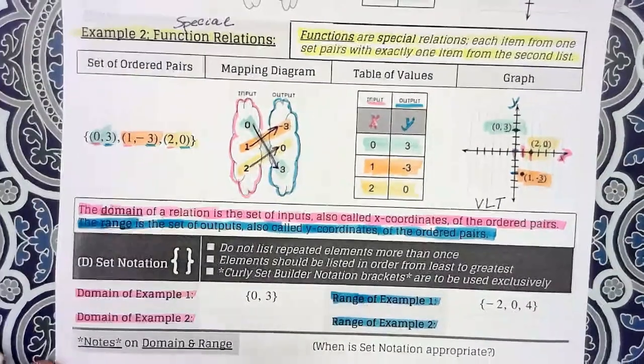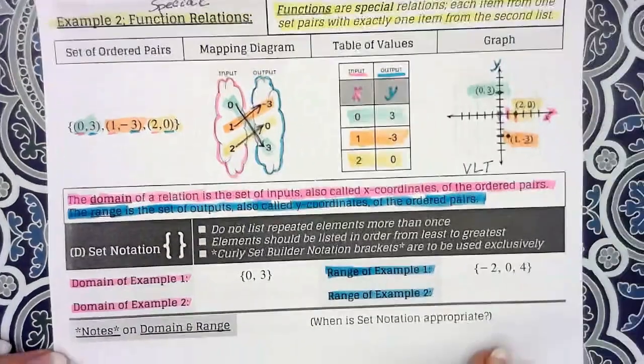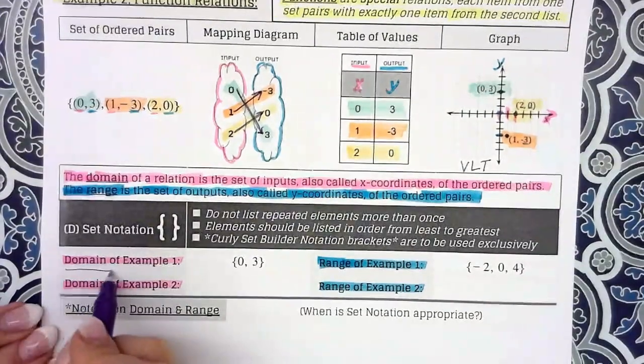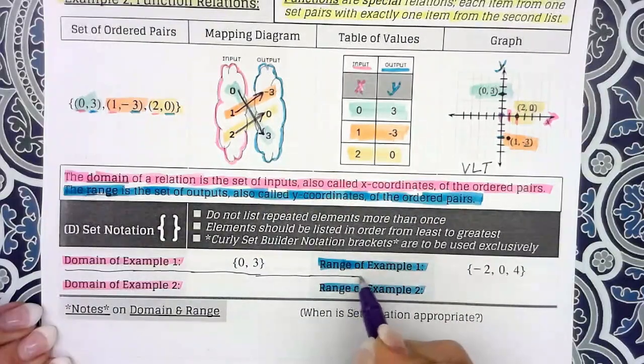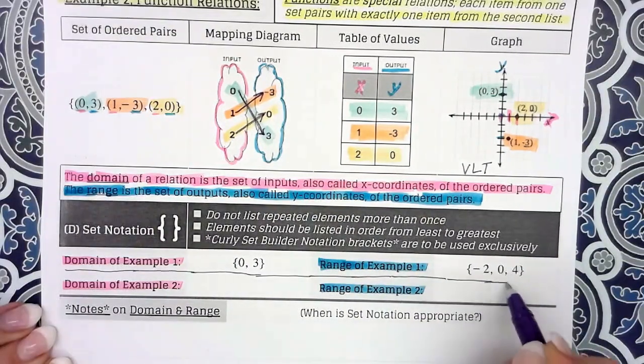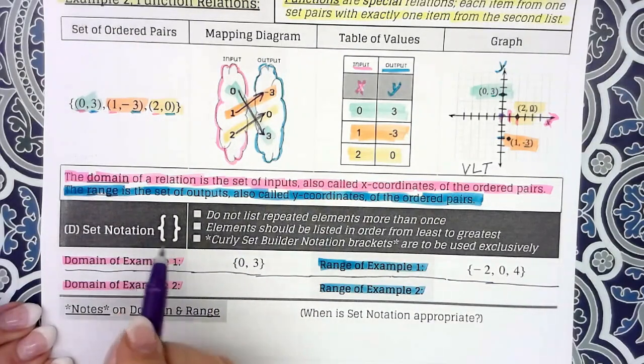So I did example 1 already. It looks a little funny, but example 1 is going to be above the line I'm about to draw. So I'm going to draw a line over here. So domain of example 1. And I said the domain is 0, 3. It really matters if you draw this nice curly bracket, or set notation, or if you wimp out and use parentheses or just square brackets.